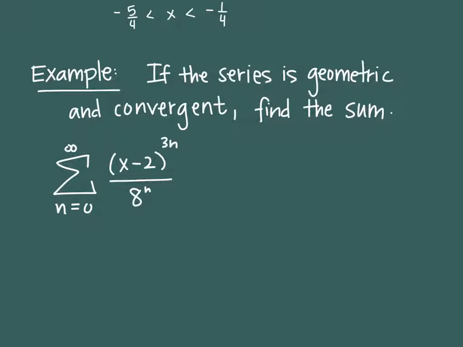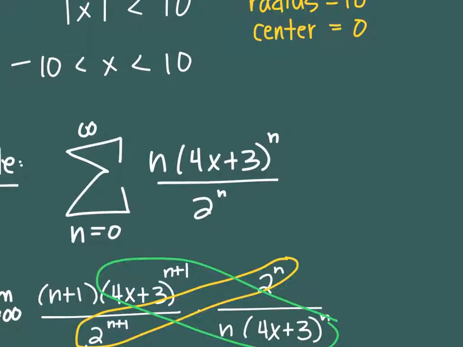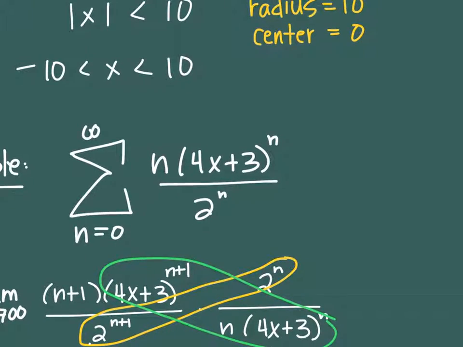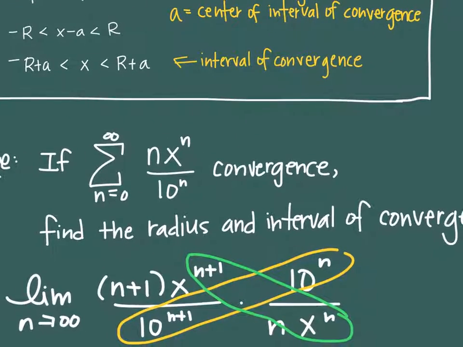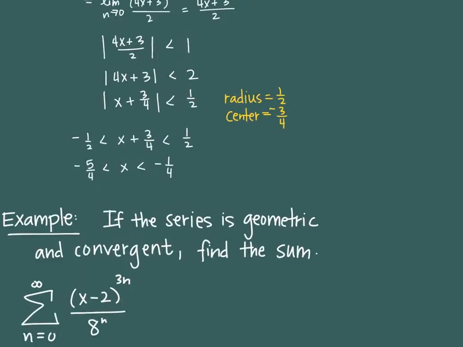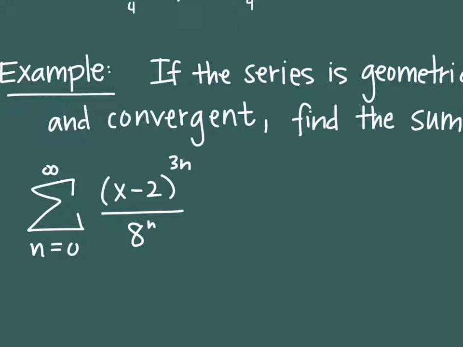Like the only place n happens is in the power. Compared to the ones we had before, there was an n in the power and there was an n as a coefficient. In the first one, same thing. We had n as a power and n as a coefficient.